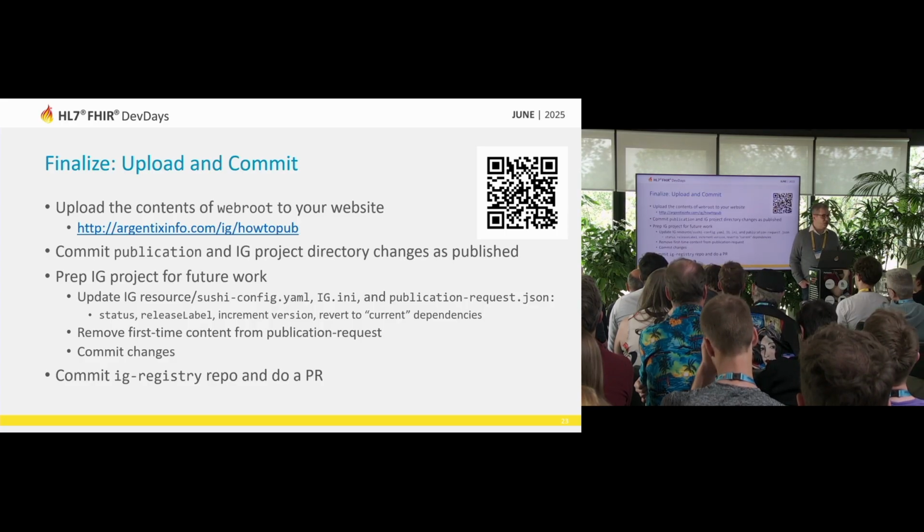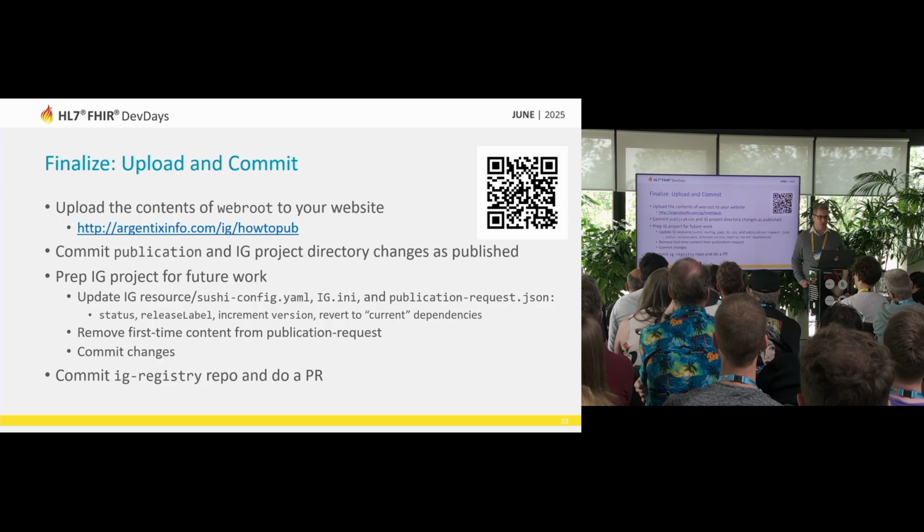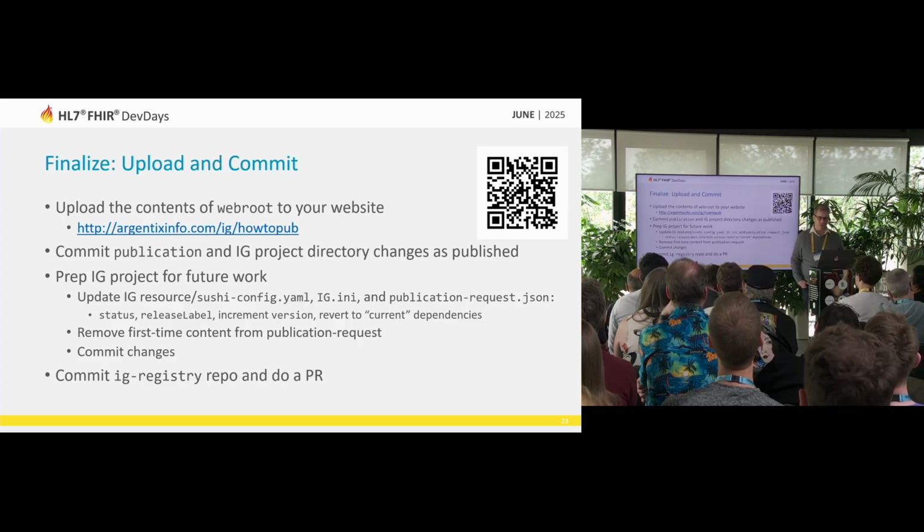Go into the IG project and prep it for your next release. Update the sushi config or IG resources to set the status back to draft, increment the version, add a CI label to it, etc. And change all your dependencies back to current if you need to. Also, change the publication request file to match, and while you're in there, remove all of the first-time elements.